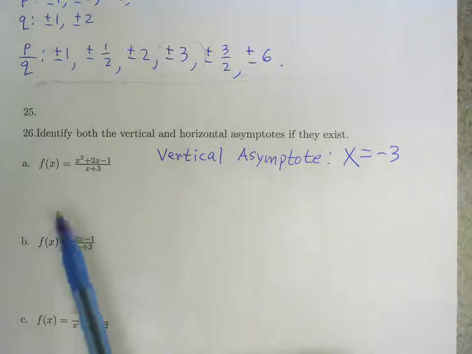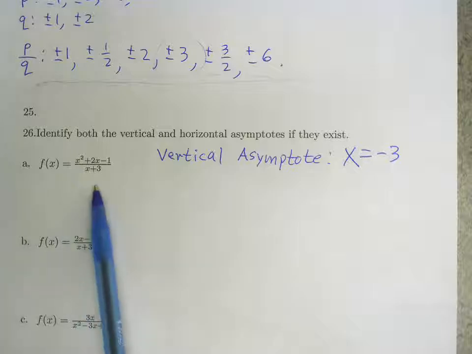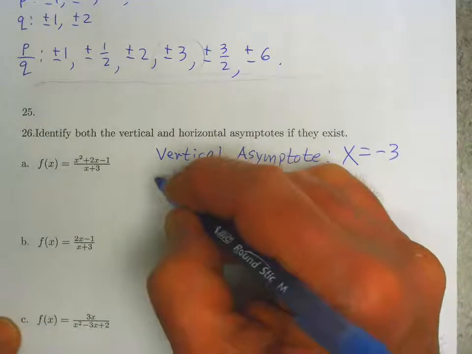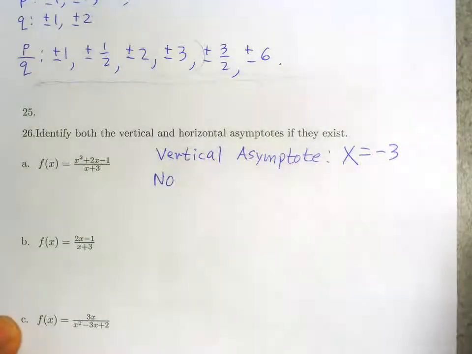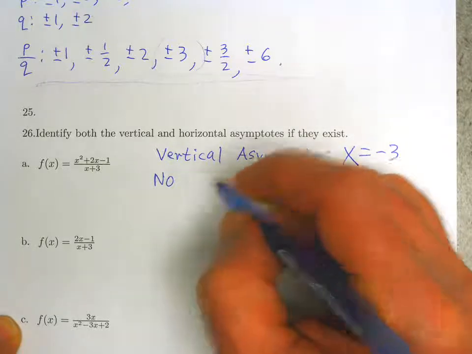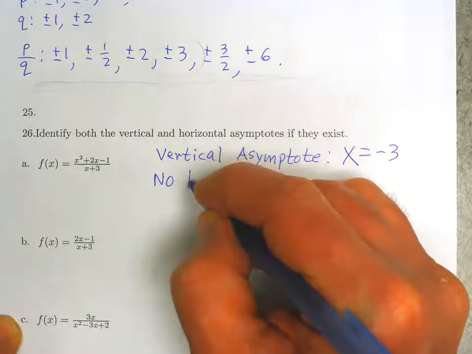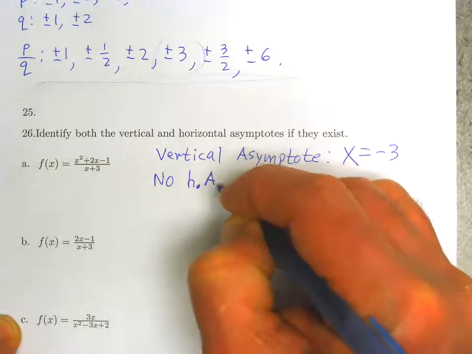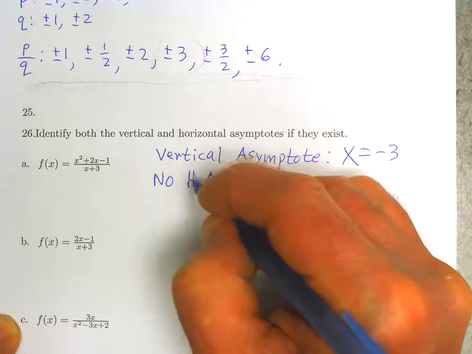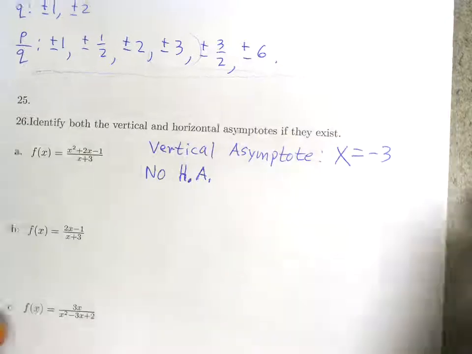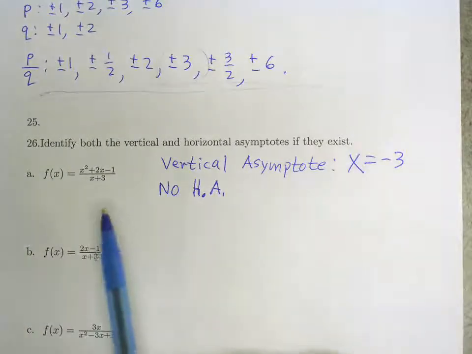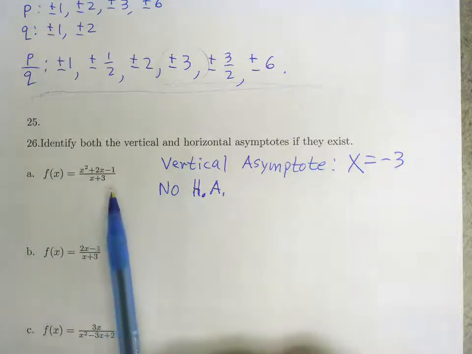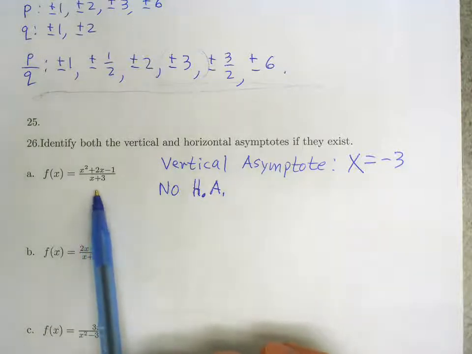There is not a horizontal asymptote. So say no. Instead of writing those out, I'll just say no horizontal asymptote. Okay, it doesn't ask for you to identify any other kind of asymptote, but there is a slant asymptote.